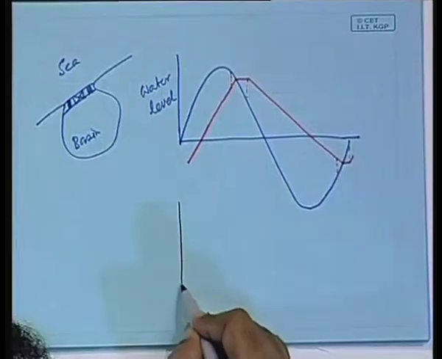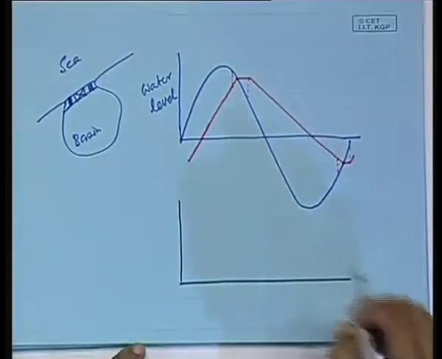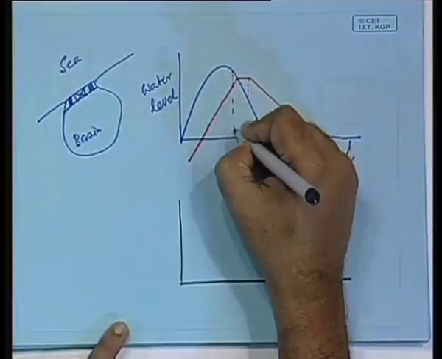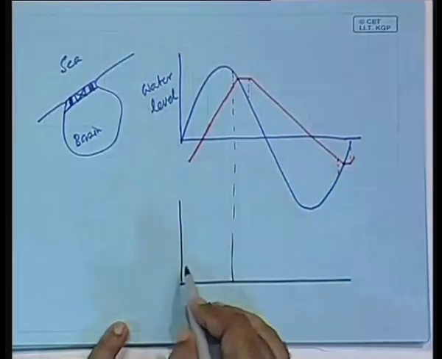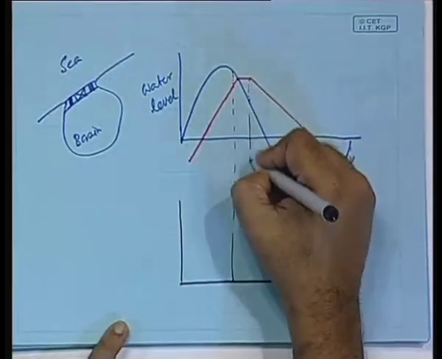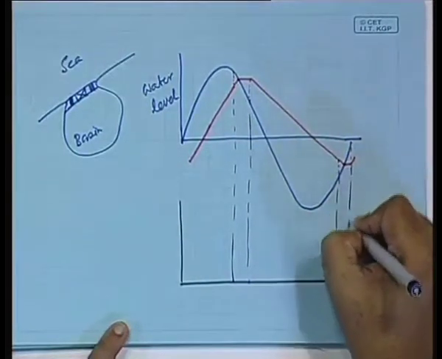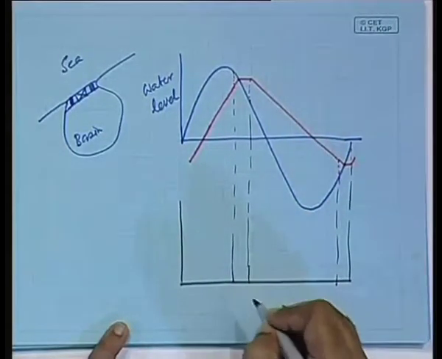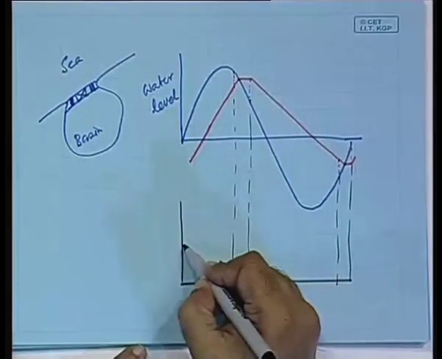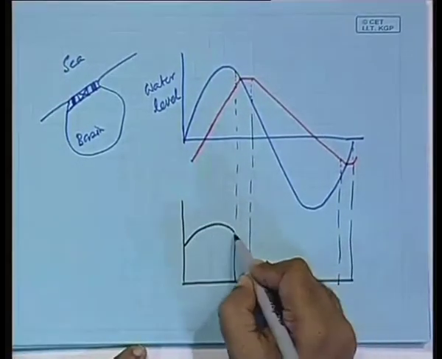So, in this case, what will be the curve for the power generated? Power generation curve will be, notice that at this time you have the power generation stopped, at this time it is again started, at this time it is again stopped, at this time it is again started, and in between you have the power generation curves like this.